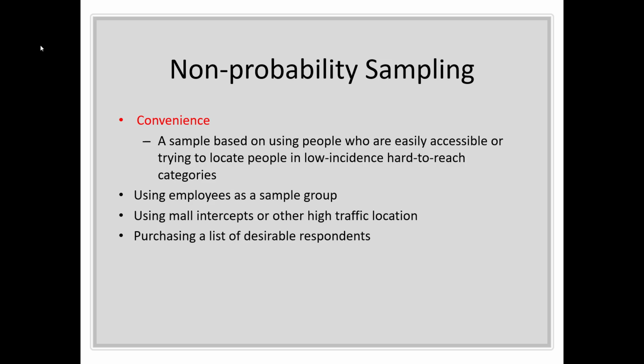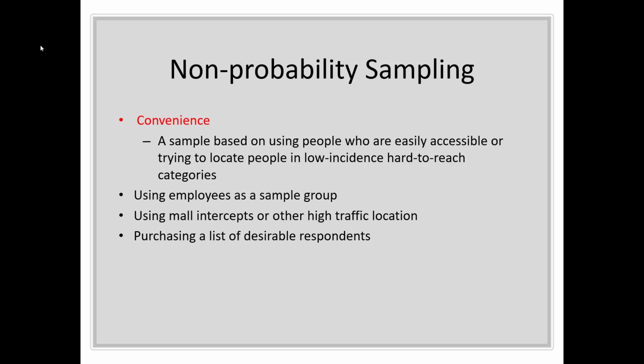By far the most popular sampling method is called convenience sample. Convenience sampling is usually because we survey people who are easily accessible, or try to find people in a low incidence, hard to reach category. Basically, whoever we can find at the most convenient locations or the lowest cost.